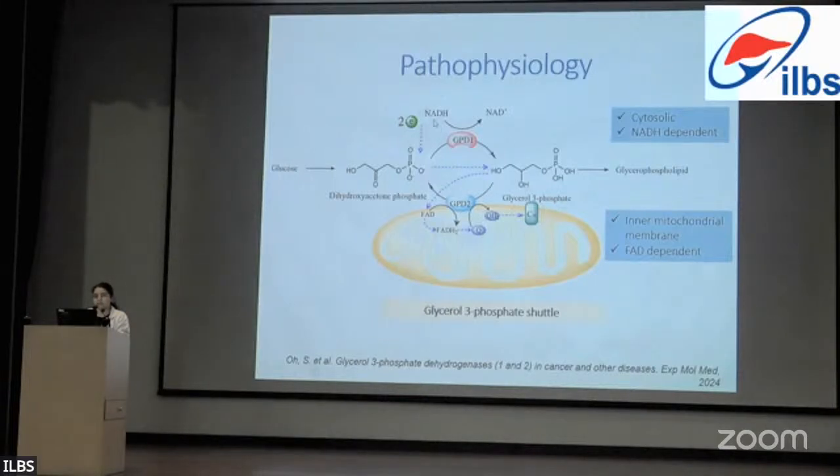In the process, NADH is changed to NAD plus and electron transfer is done towards the inner mitochondrial membrane. On the other side, we have the GPD2 enzyme, which catalyzes the opposite reaction, and it is FAD dependent and lies along the inner mitochondrial membrane. The main physiological process of this GPD shuttle is to transfer electrons via this reduction to the electron transport chain where it is further used.